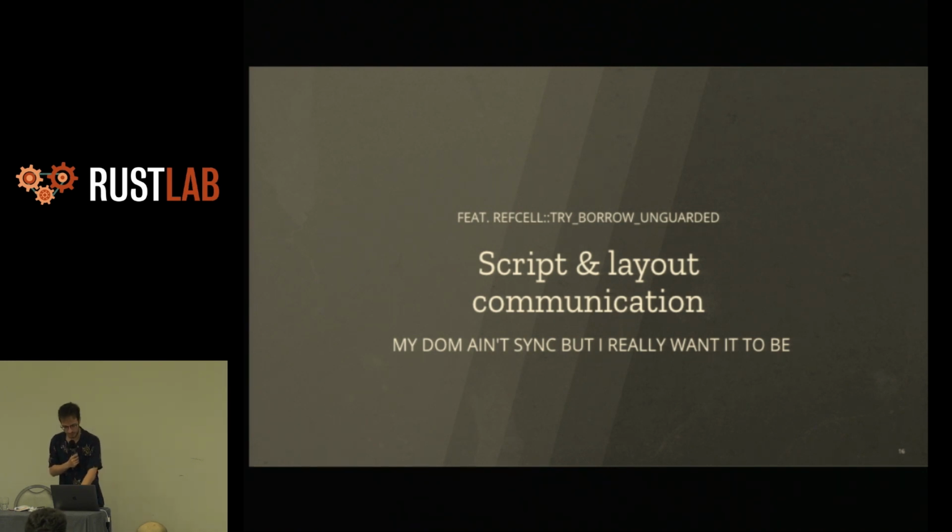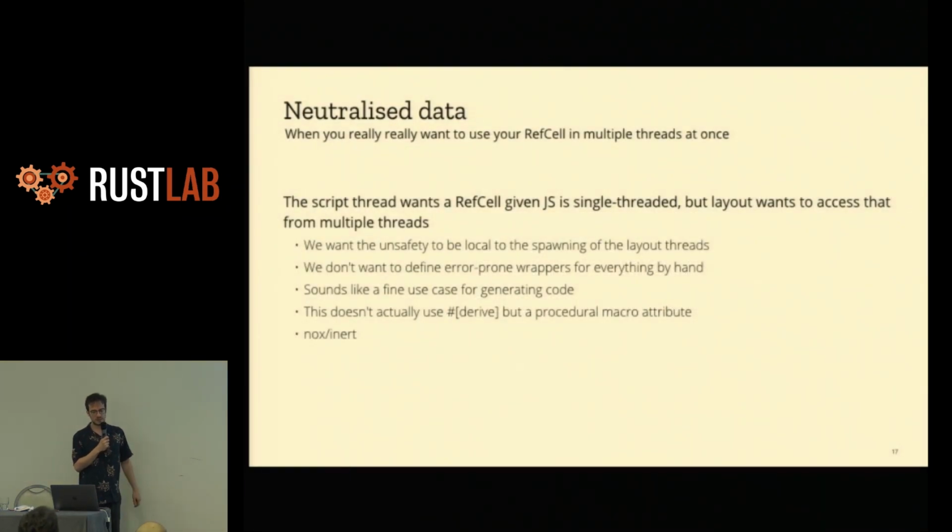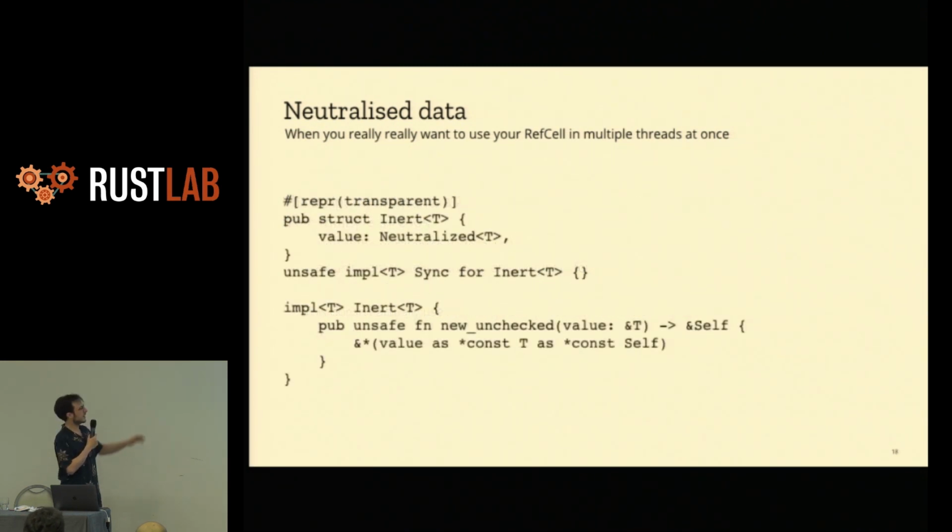I wrote a new crate at the beginning of the year called Inert, which does fancy things to, oh yeah, I should have switched already to this slide. The Inert crate allows you to automatically generate wrappers for your single-threaded data, and the wrapper will be Sync, so you will have access to the underlying data from multiple threads in a controlled fashion.